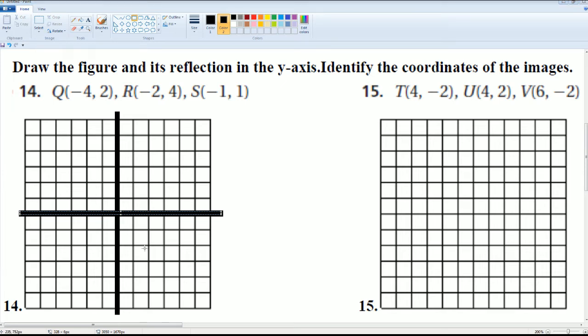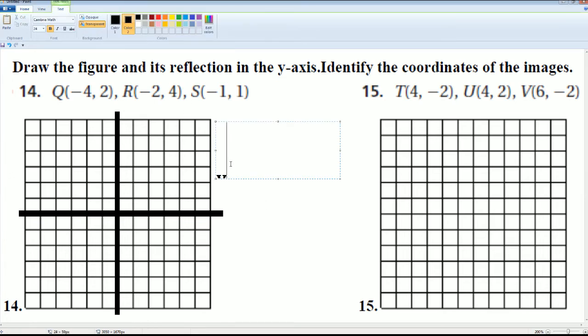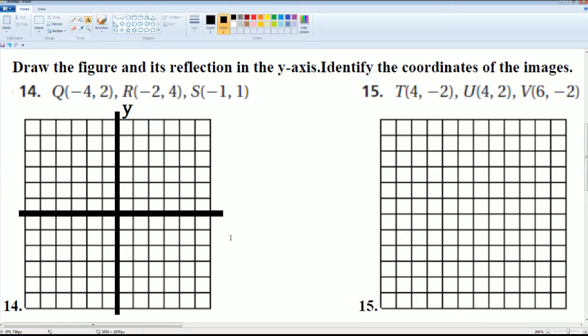Alright, so here we have our axes made. Just gonna label it. Again, you could speed through this if you already know how to draw your axes, but again, I'm just going to do it for the sake of the problem.